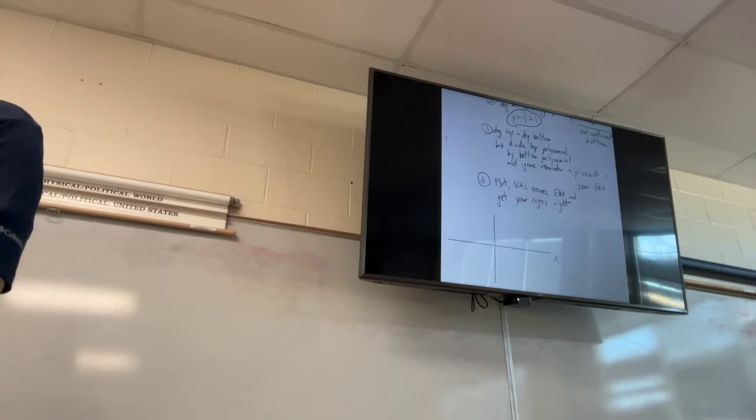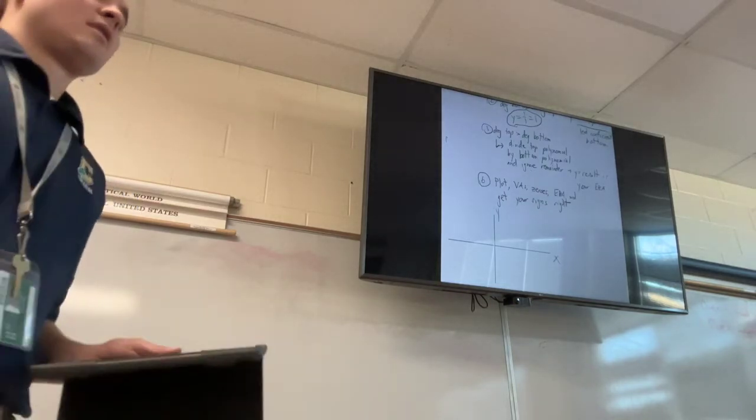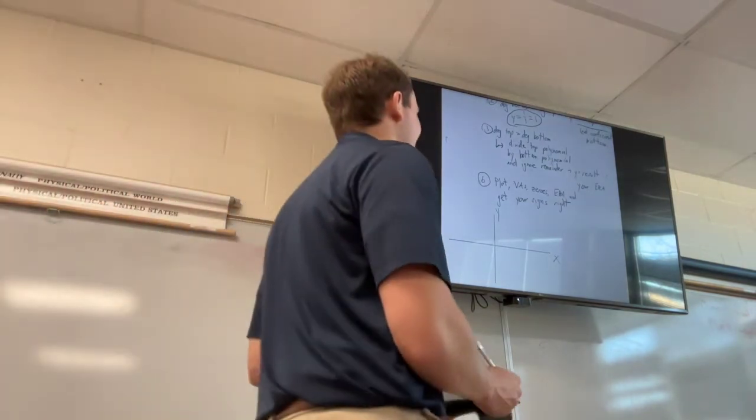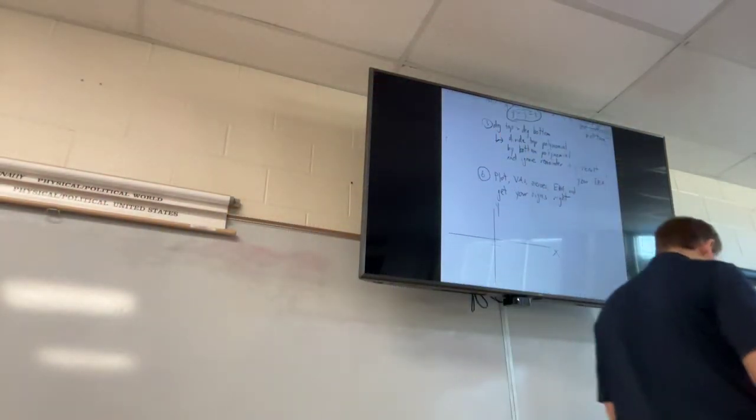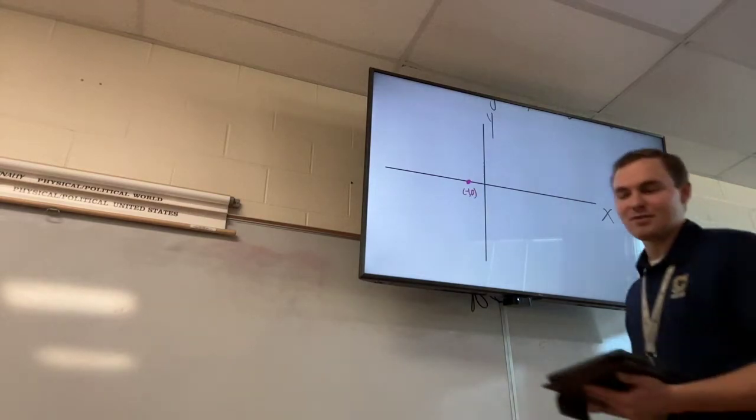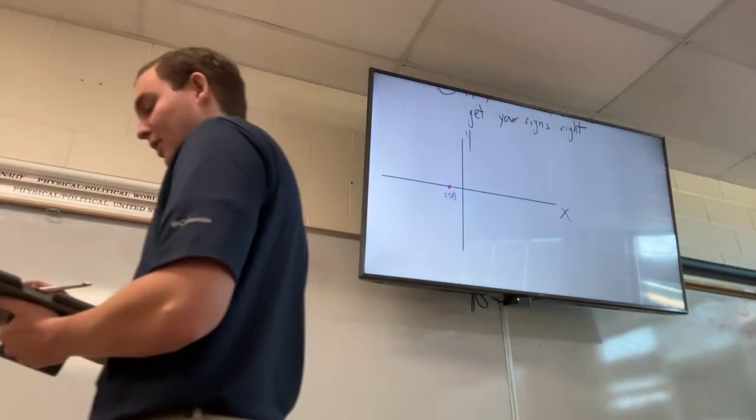So let's graph. What are my zeros here? I plot my zero. X equals -1, so -1 comma 0. What's my vertical asymptote?